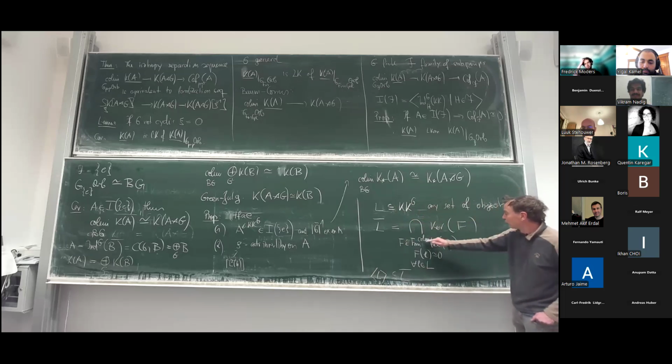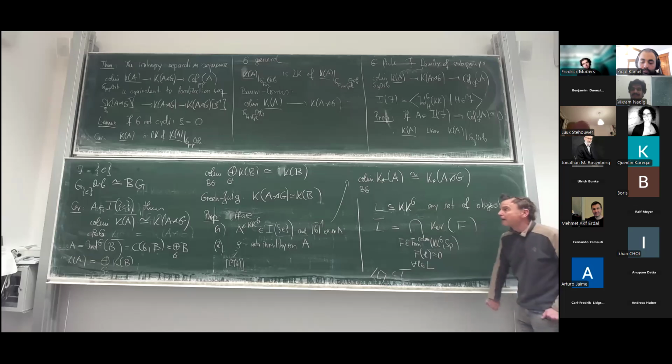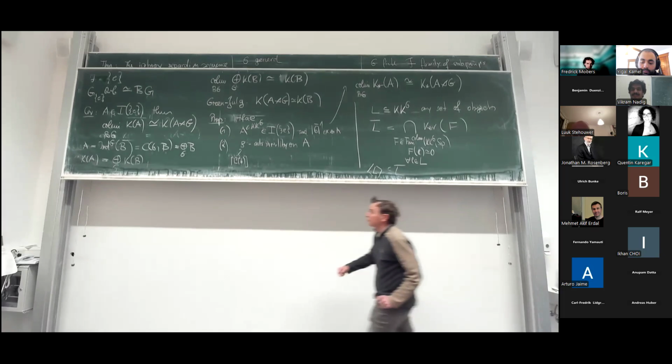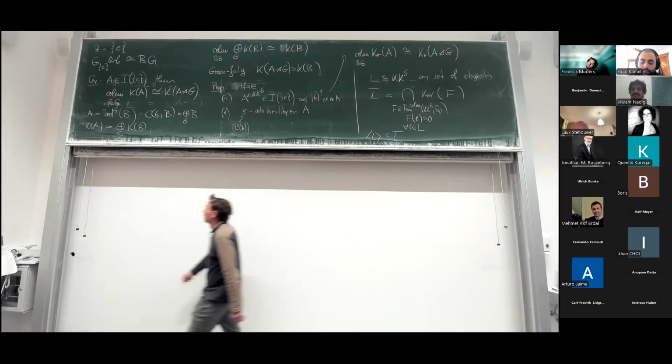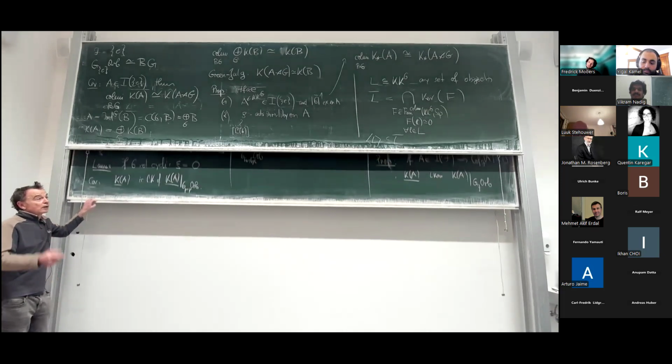This is what a colimit-preserving functor gives, so it's definitely closed under colimits and of course contains L. But in general, this is bigger than the localizing subcategory.